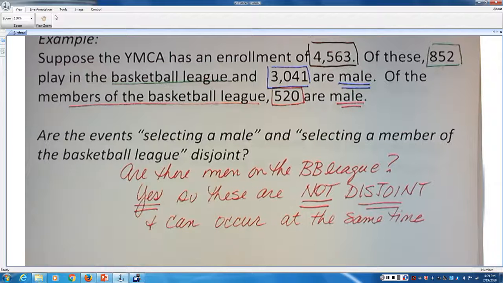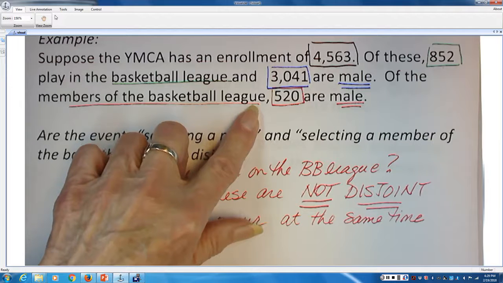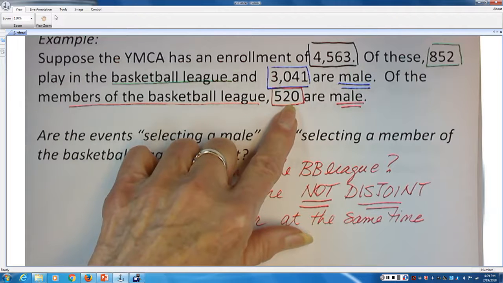Men couldn't join. The fact that these are not disjoint, they do overlap, means if we answer probability questions about this, we have to be careful. We have to be very careful. Because we have some men that are being counted as a part of both groups. And we can't count them twice.